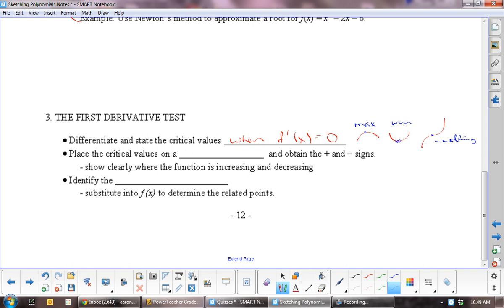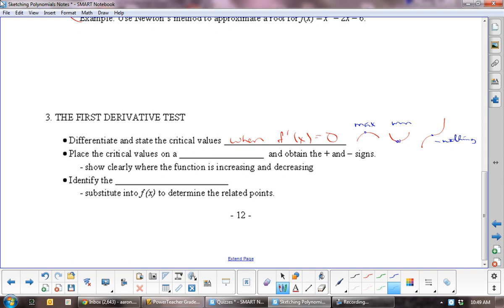It's an inflection point, but as far as max mins go for us, right? Because if it's going to be a max, it must increase, then decrease after that critical value. That would increase, and then increase again. So that one's going from concave down to concave up, which is an inflection point. We're going to talk about that more later.